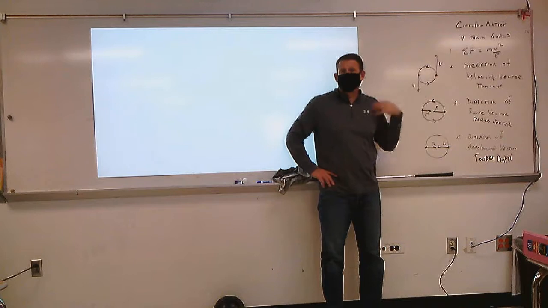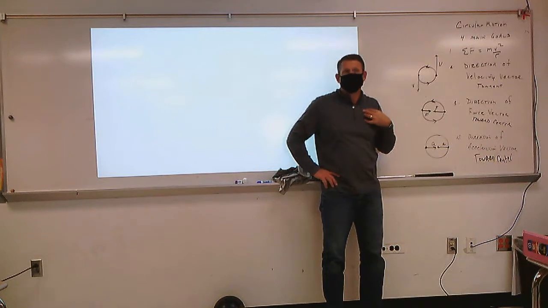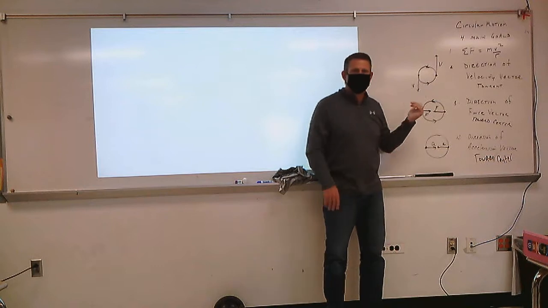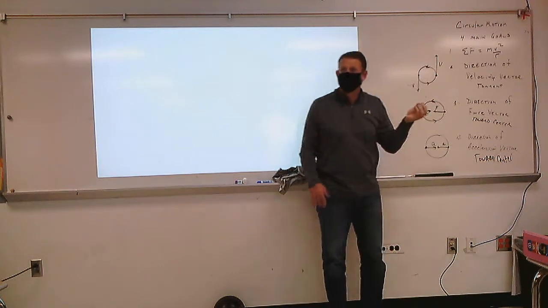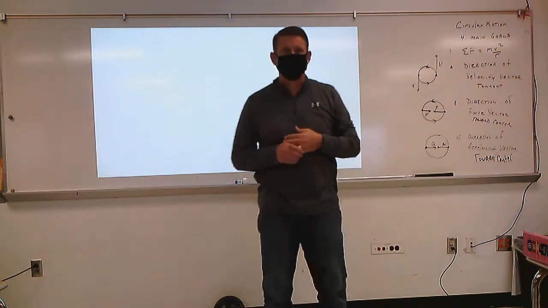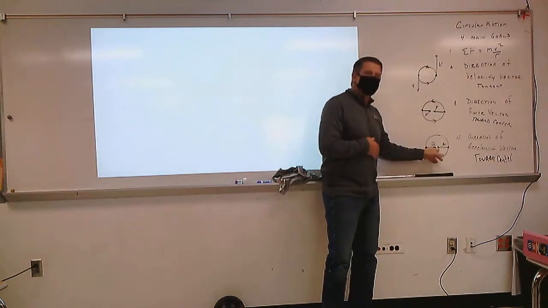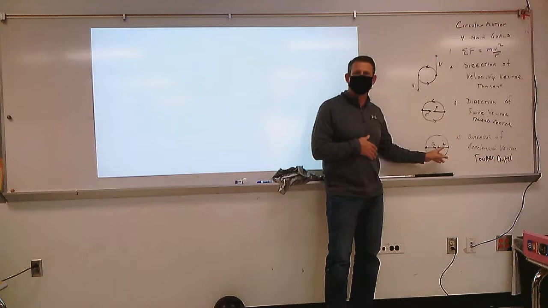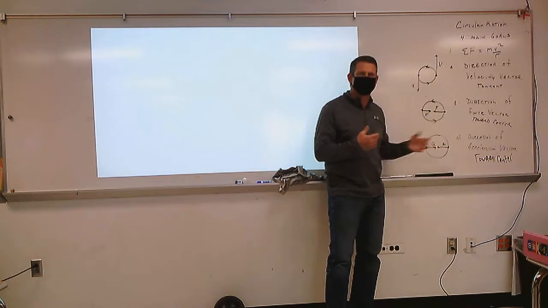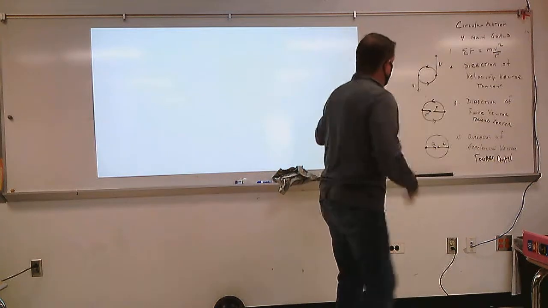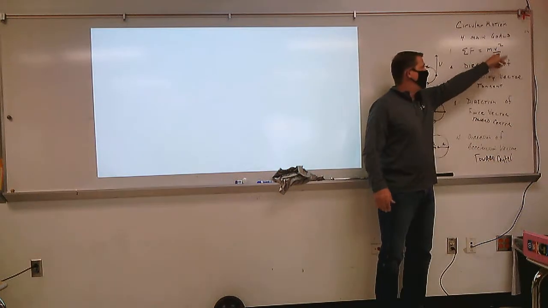Forces, if the object's going to be in a circle, will prevent this straight velocity by pulling perpendicular to the velocity towards the center of the circle to keep the object in the circle. And that gives cause to a centripetal acceleration that is directed towards the center of the circle and equal to v squared over r, which is really this part right here.